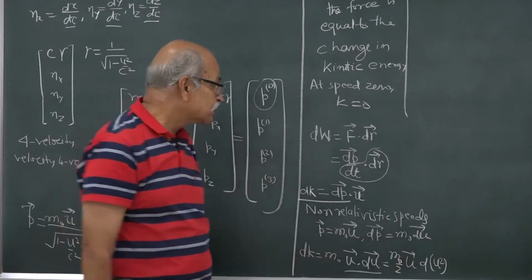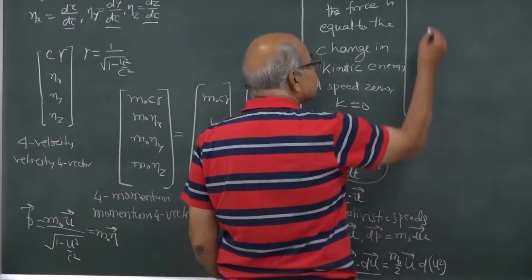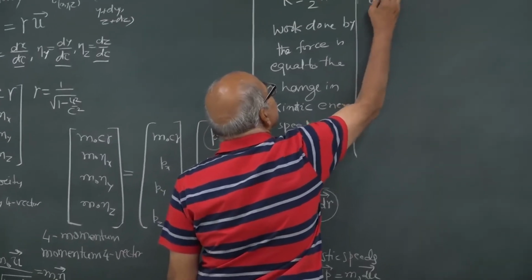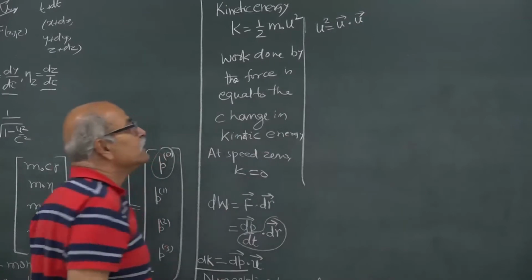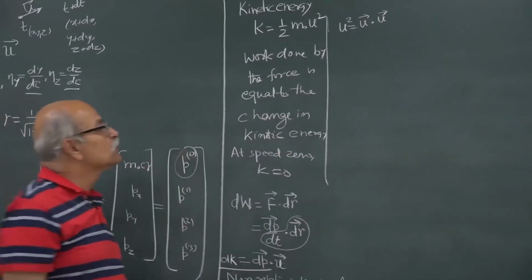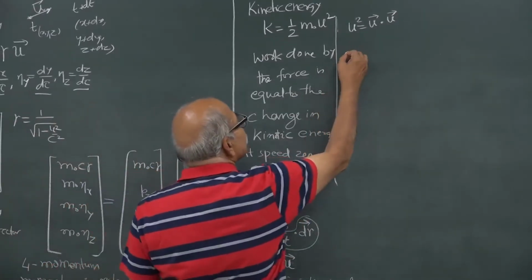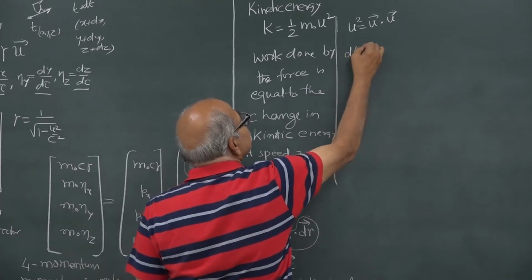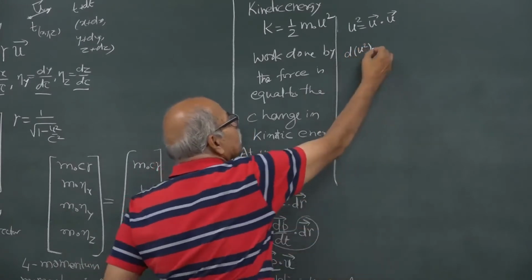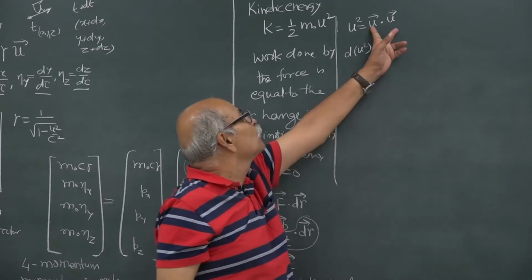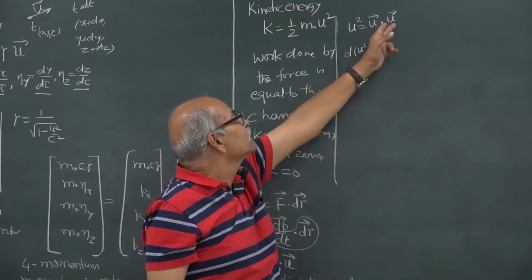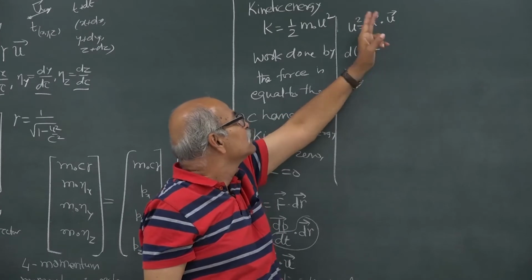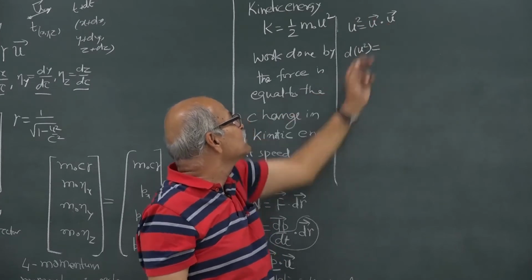How do I get this expression? This expression is simple, u square is u dot u, that is speed square. Therefore, if you write d of u square, there is a product of two quantities. So, keep the first as constant and differentiate the second, plus keep the second constant and differentiate the first.